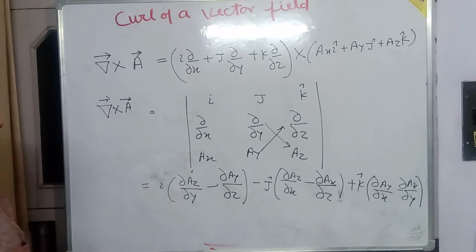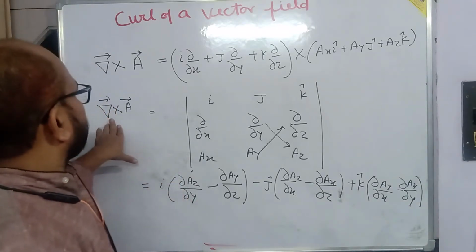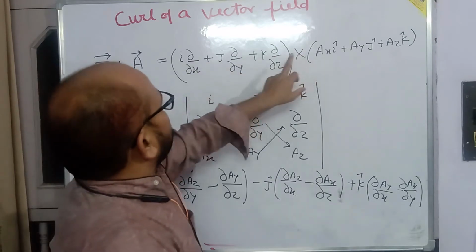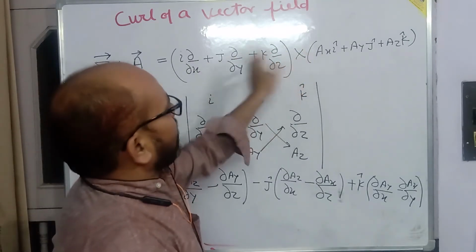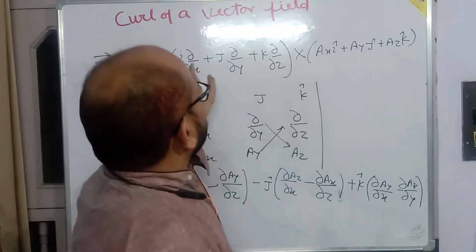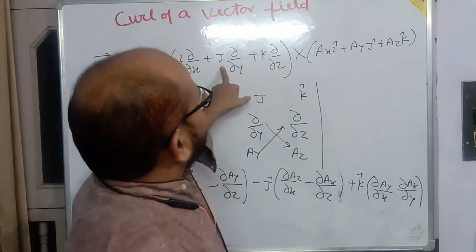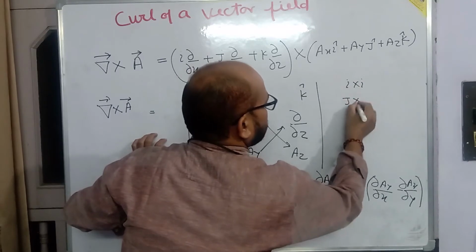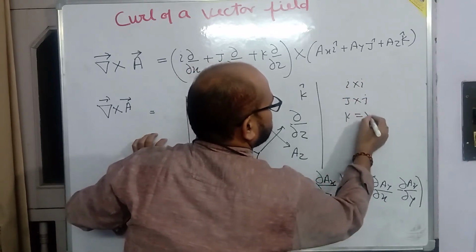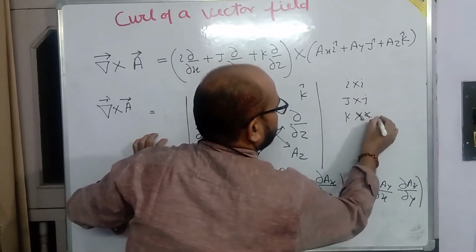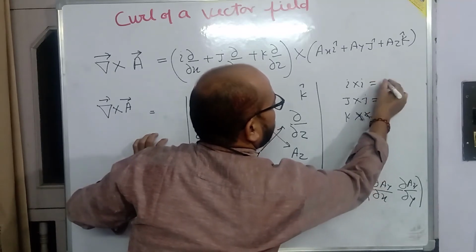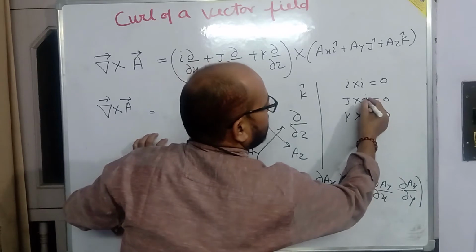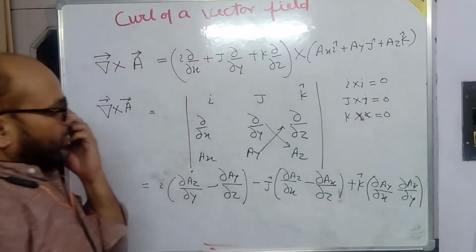So simply you can calculate the curl of a vector field in this form. Here i cross i equals 0, j cross j equals 0 and k cross k equals 0, while i cross j gives k, and j cross i gives minus k.